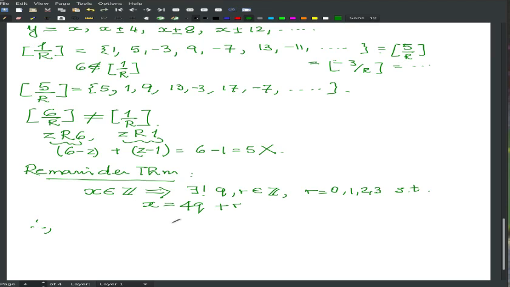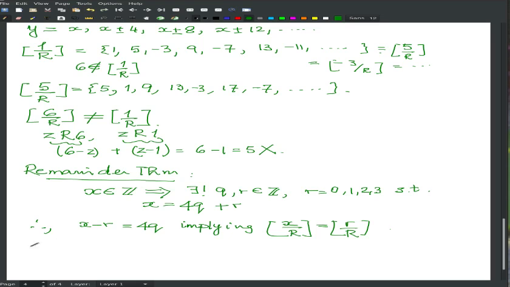So, by how we have defined it, x minus r is equal to 4q, implying x is related to r, nothing but small r related to r. So there are only 4 such things possible.